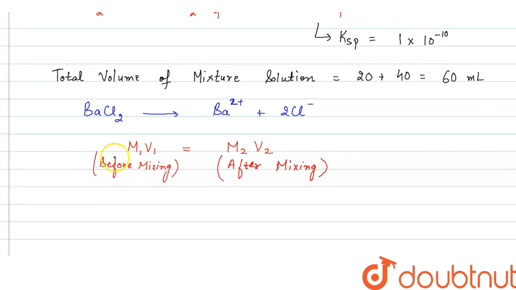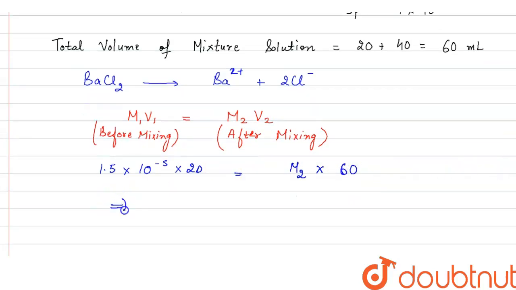So the molarity of the solution of barium chloride before mixing is 1.5 into 10 raised to the power minus 5, right? And volume is 20 ml, equal to M2 we will calculate, and volume after mixing is 60 ml.